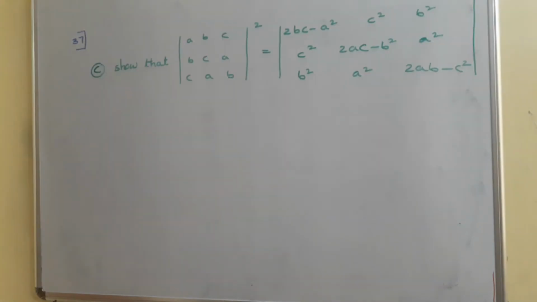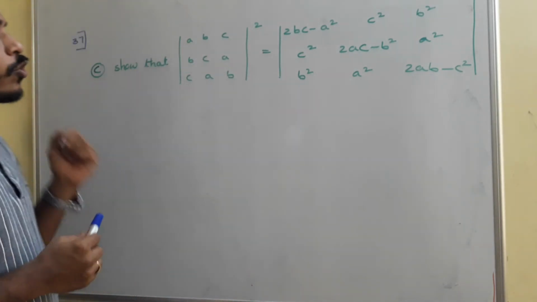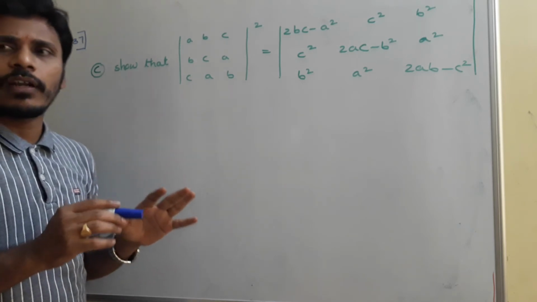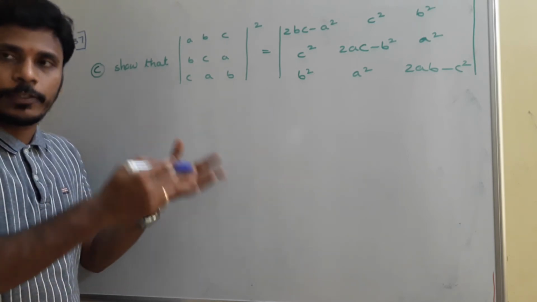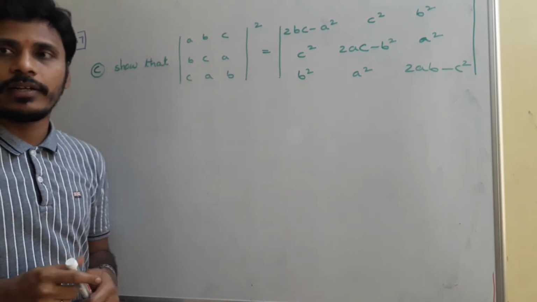So now first look at the problem. The square of this determinant is equal to that determinant. In the sense, no need to calculate the determinant value, it is enough to re-express. We need to express the product of these two determinants as that determinant.